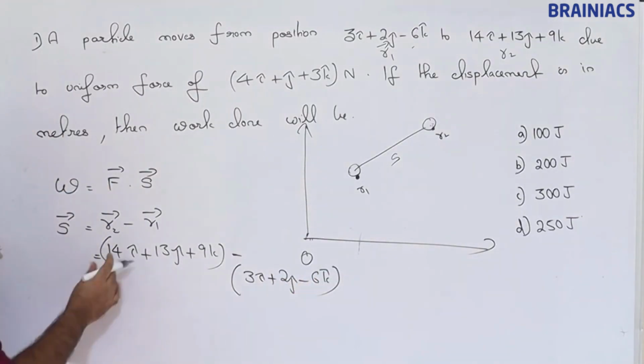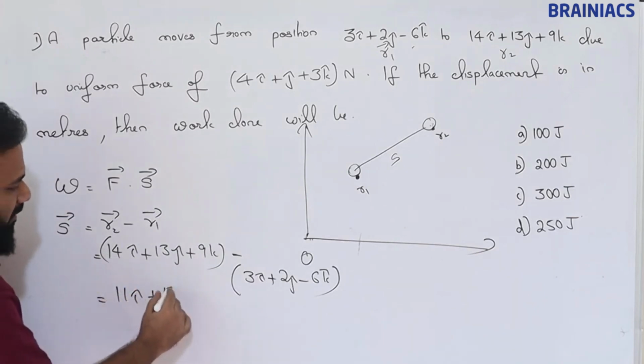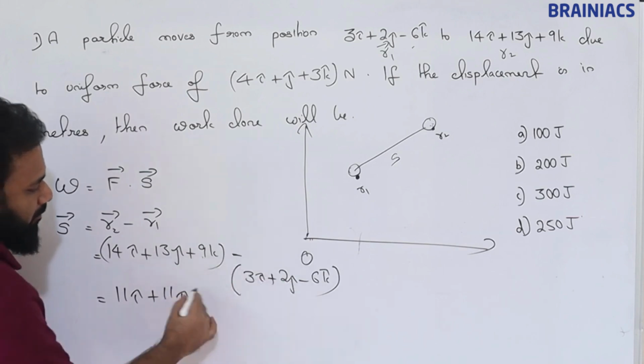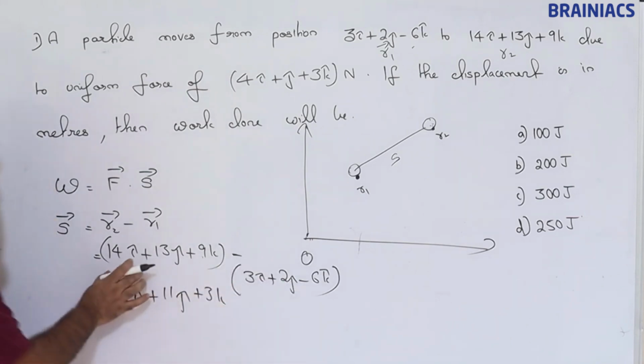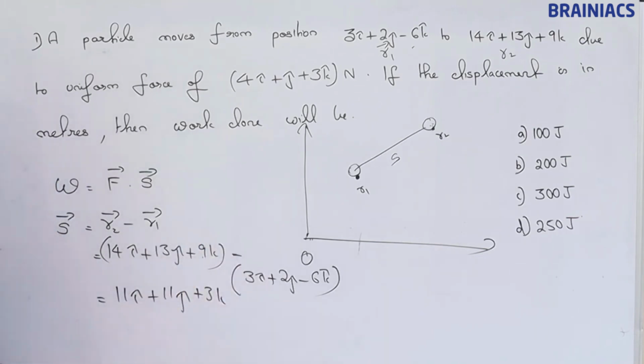Okay, so what is the displacement now here? 11i plus 11j plus 3k. Subtracted this vector and this vector. Okay, this minus this one. So 11i plus 11j plus 3k. This is the displacement. Clear?